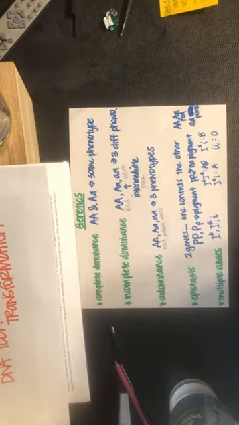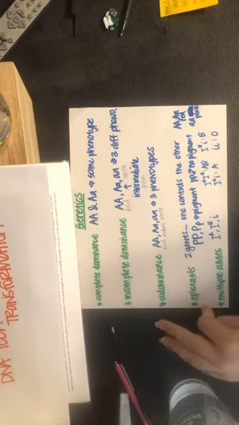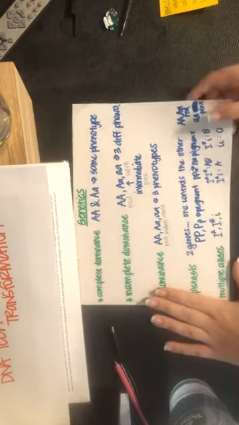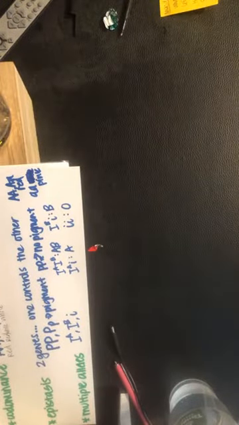I guess we can blend some together. We could talk about incomplete dominance and talk about epistasis, which will show how to do all the math problems. So we'll do a combination of incomplete dominance with epistasis.